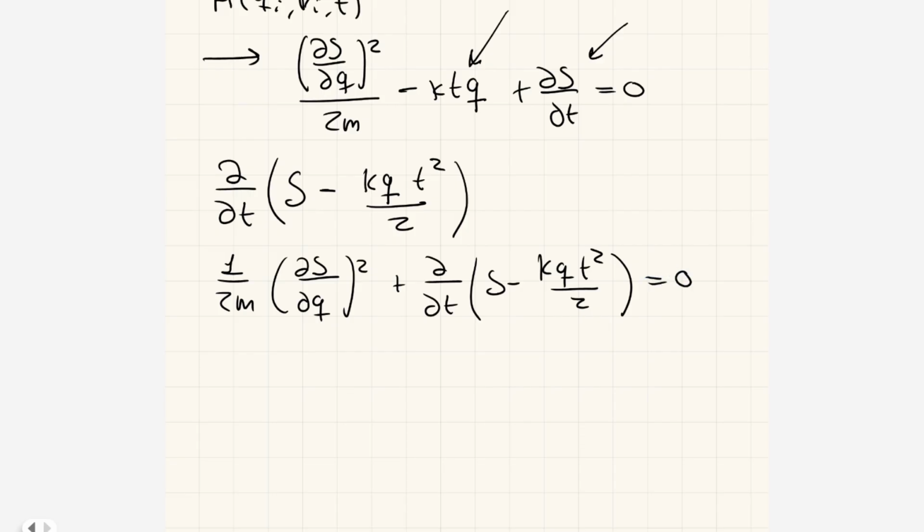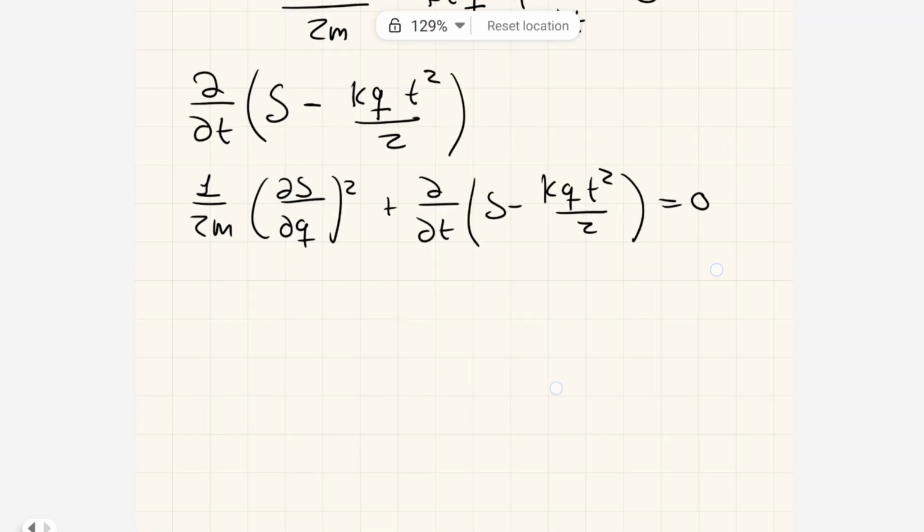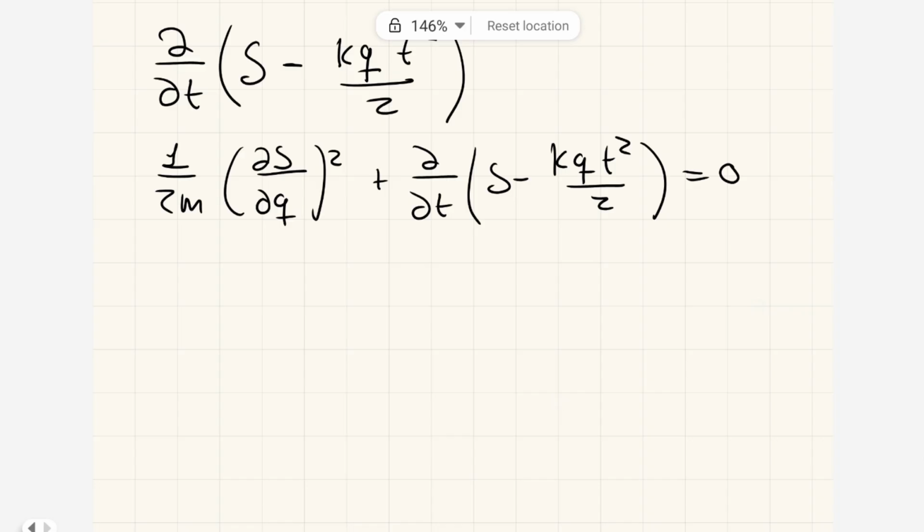Okay, so here comes the trick. We are going to introduce a new function that is going to be equal to what we have here inside. Okay, so that will make the Hamilton-Jacobi equation have an element that is the derivative with respect to time of that new function, let's say S tilde.